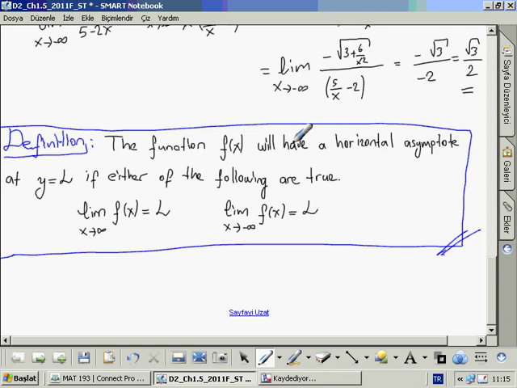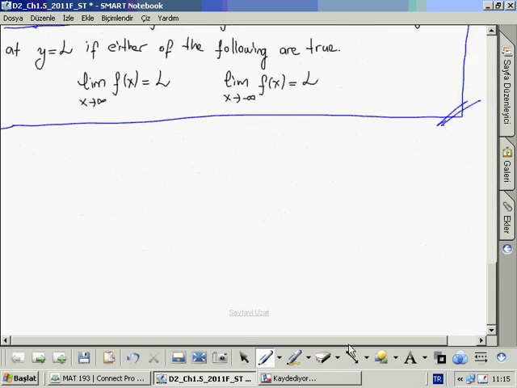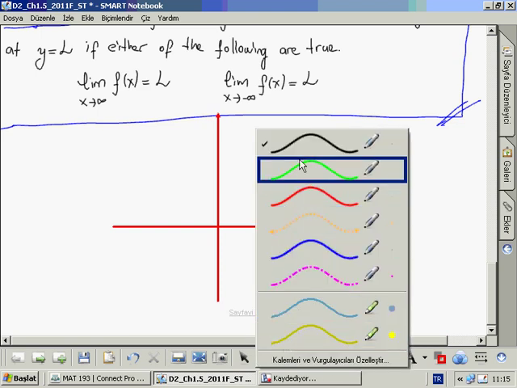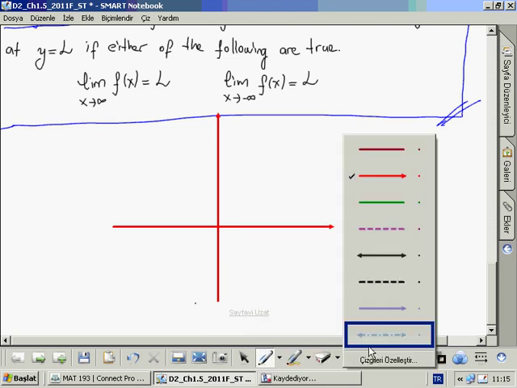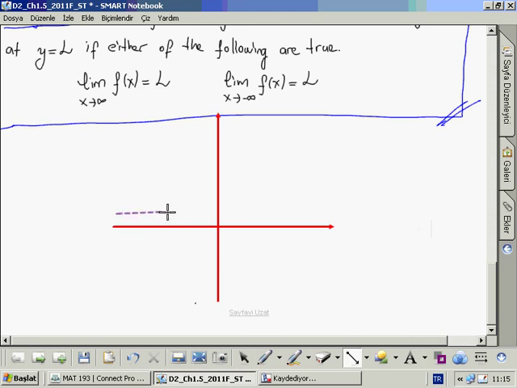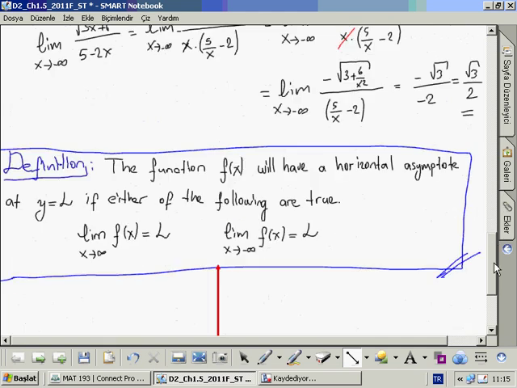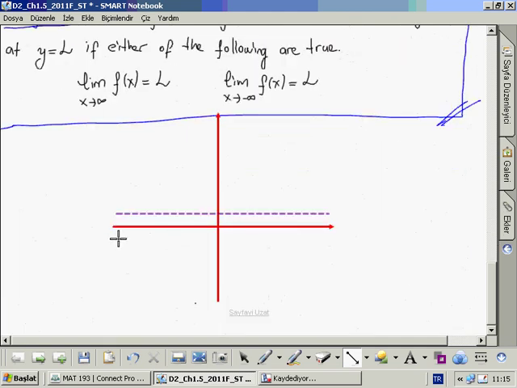We have two horizontal asymptotes. The first one, I think, is the square root of 3 over 2, and the other one is minus the square root of 3 over 2.